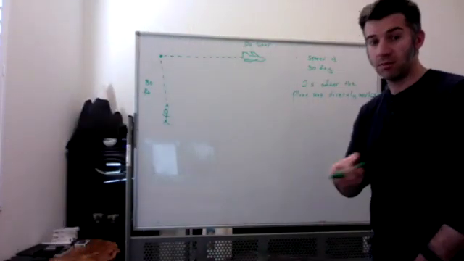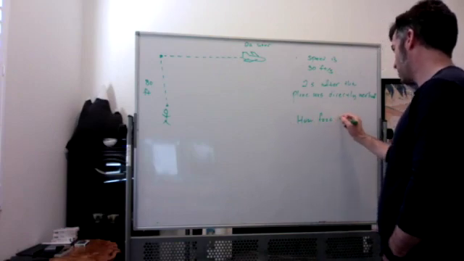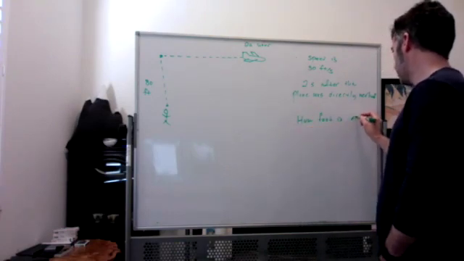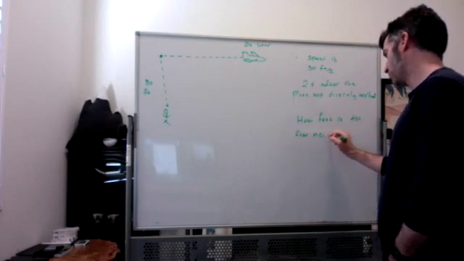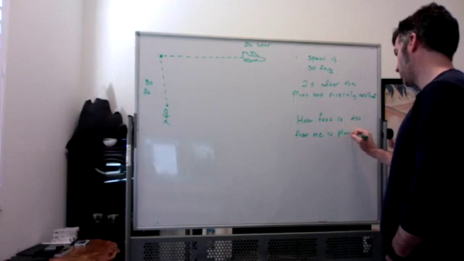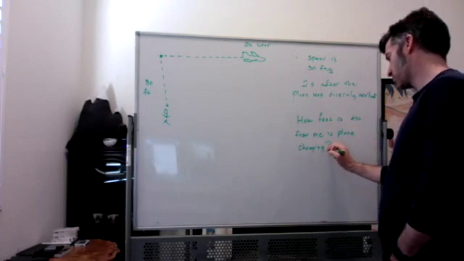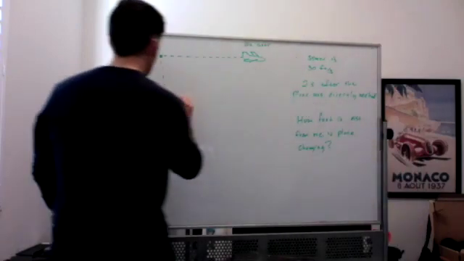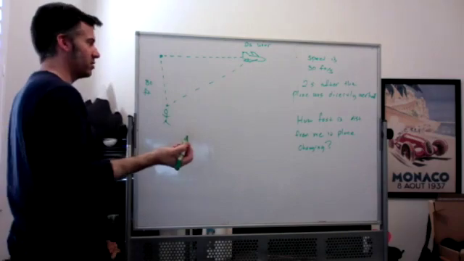Question 1, how fast is the distance from me to the plane? Sure, that's me, why not? How fast is the distance from me to the plane changing? So I want to know how fast this distance is changing. So let's label the things that are changing.